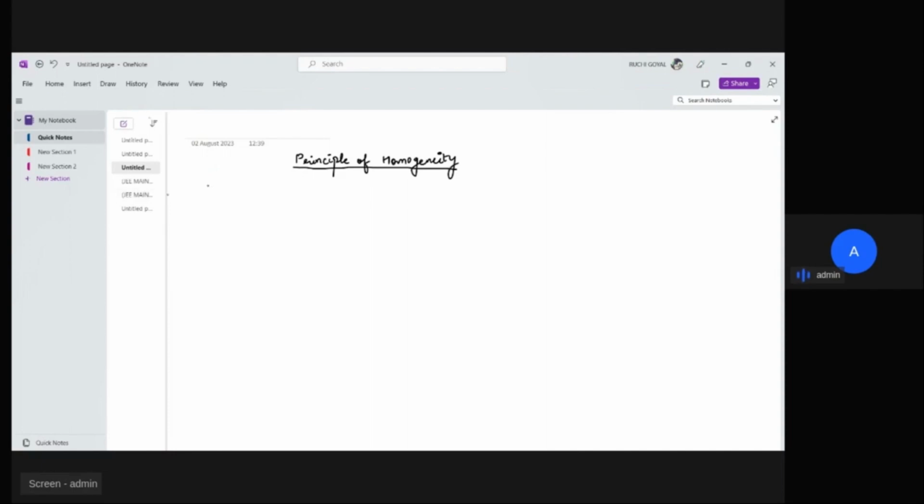Suppose there is an equation given to us, some term plus this term minus this term is equal to 0. So the dimensions of each term should be the same.